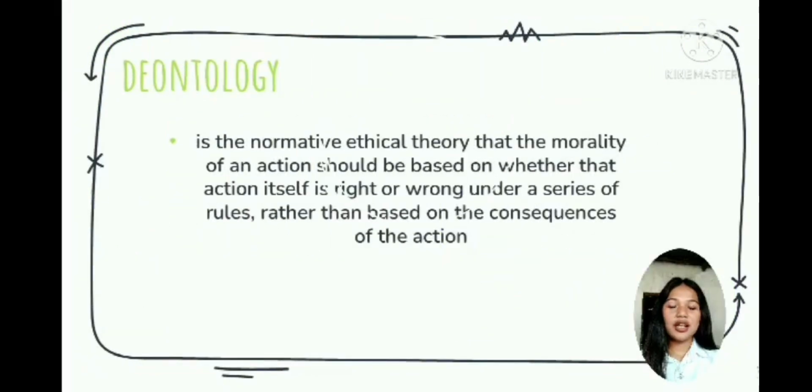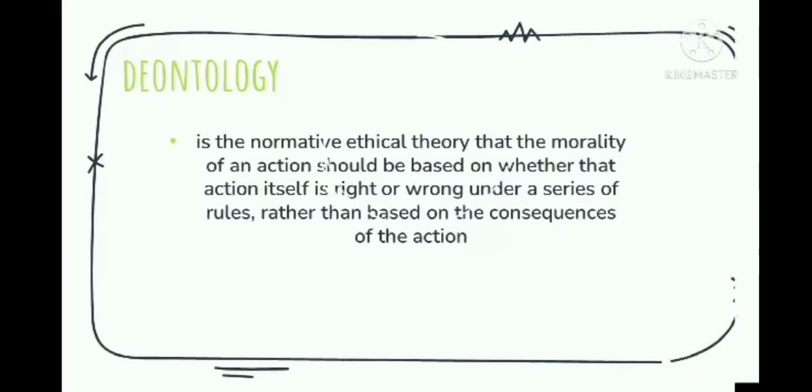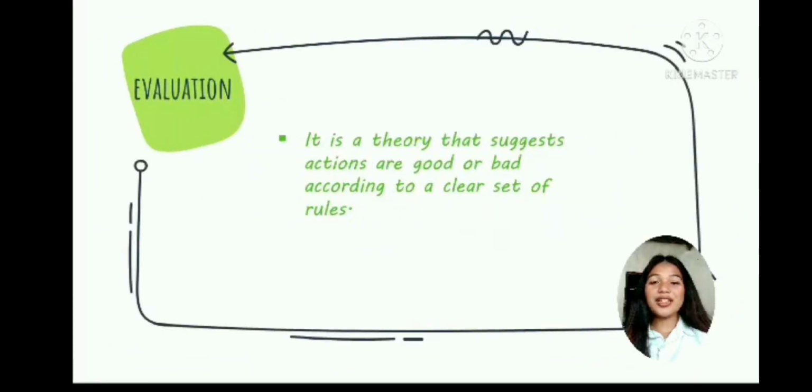Next is deontology. Deontology is a normative ethical theory in which the morality of an action should be based on whether that action itself is right or wrong, under a series of rules, rather than based on the consequence of the action. So, deontology is a theory that suggests actions are good or bad according to a clear set of rules.